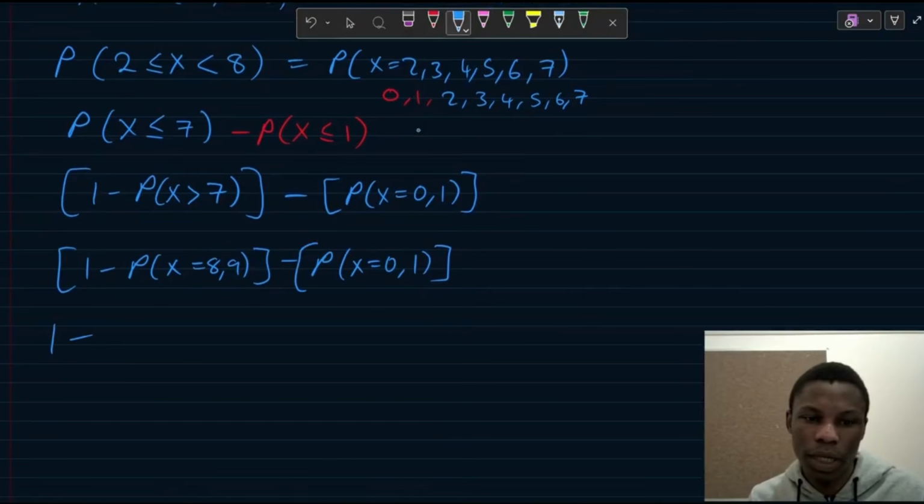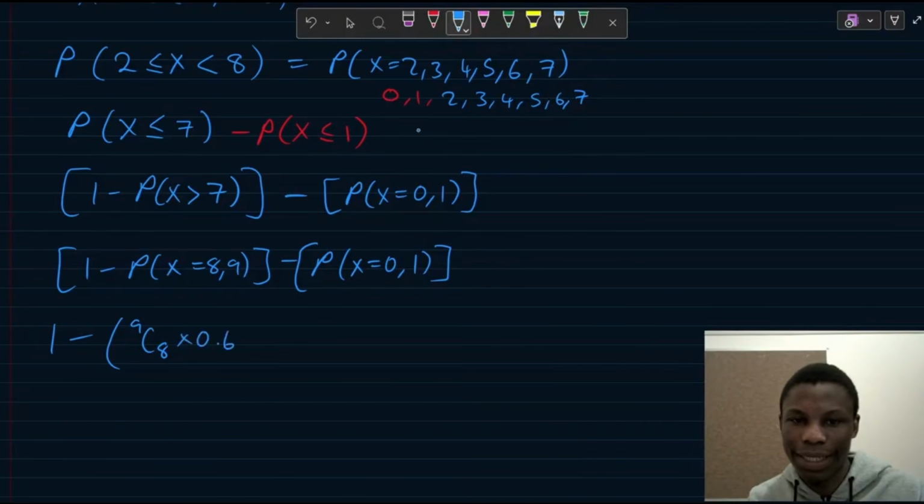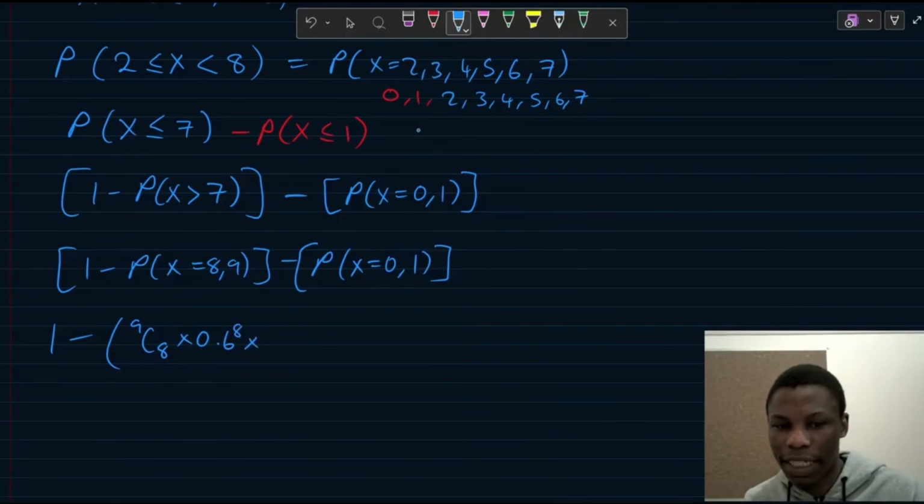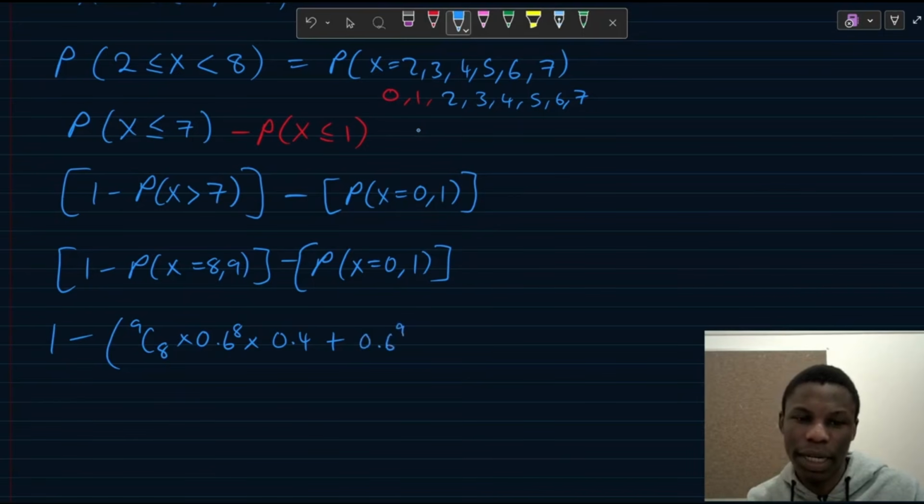So I've got 1 minus, and we want to do 8 and 9. So 9 choose 8 times 0.6, which is our probability of success, to the 8. If success is 0.6, then failure has to be 0.4 raised to the power 1. And then the last one, 9 choose 9, is 1 times 0.6 raised to the power 9 times 0.4 to the 0, and 0.4 to the 0 is 1.